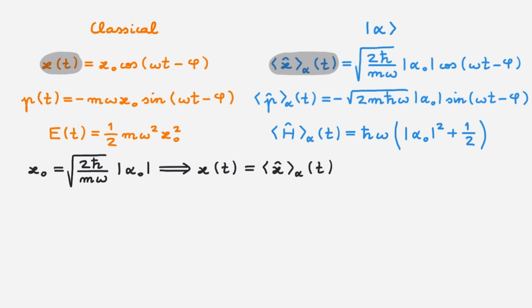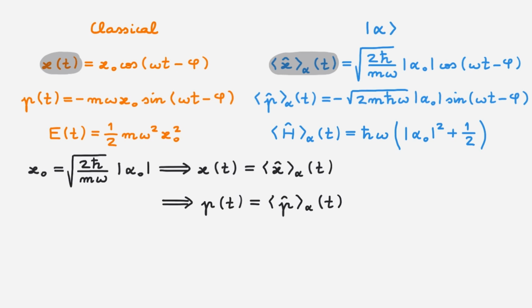Interestingly, using the same relation between x0 and alpha 0, we conclude that the time evolution of the momentum in the classical motion is again exactly reproduced by the quantum motion in the coherent state. So this means that when the quantum harmonic oscillator is in a coherent state, the expectation values of position and momentum oscillate in such a way that they exactly reproduce the classical motion.